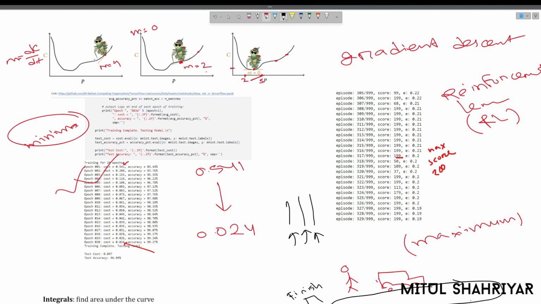There might be some sort of rules that if the car goes from this part, this is the road, and this is outside the road. If the car crosses the road and goes from here, there will be some sort of penalty. If you learn AI, you can create a function which will understand if this car is getting a penalty, and if it gets some penalty, it will take some action and get back again to the main road.